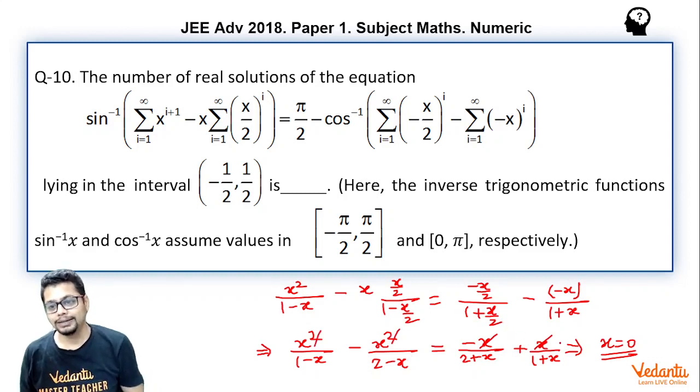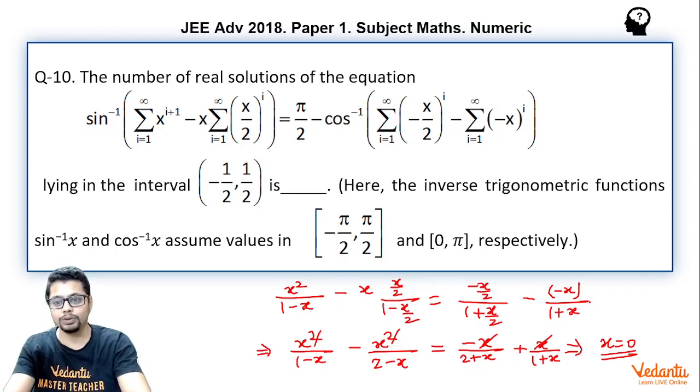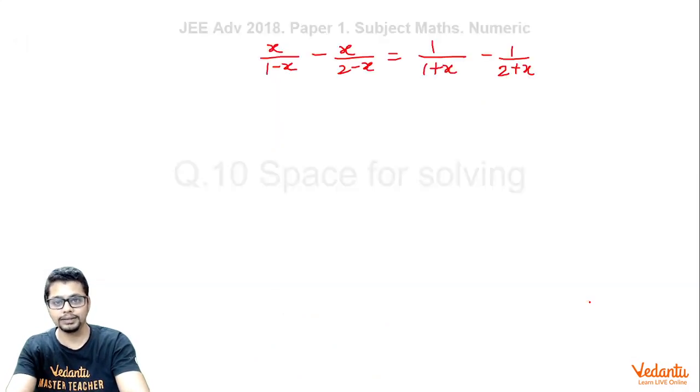Also we see x equal to 0 belongs to this interval minus half open to half open, and also when x becomes 0 the arguments or inputs to sin inverse and cos inverse are within the limits minus 1 closed to 1 closed. So upon cancellation of x on both the sides we get this.